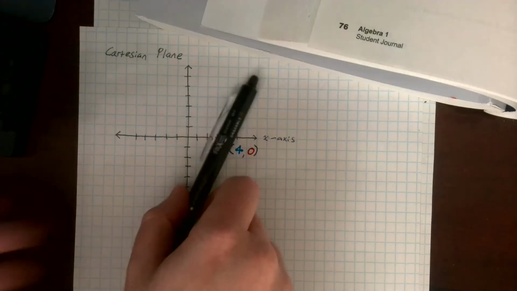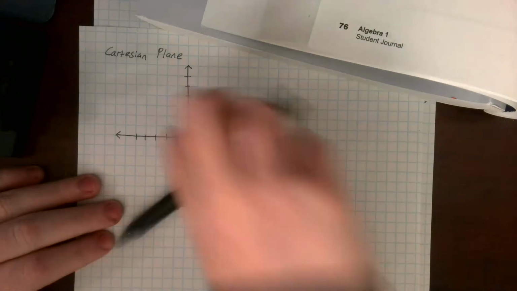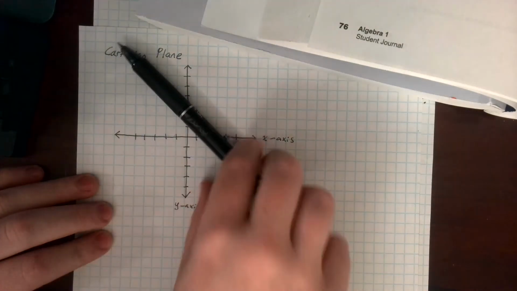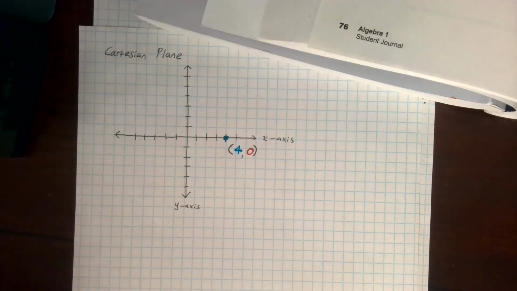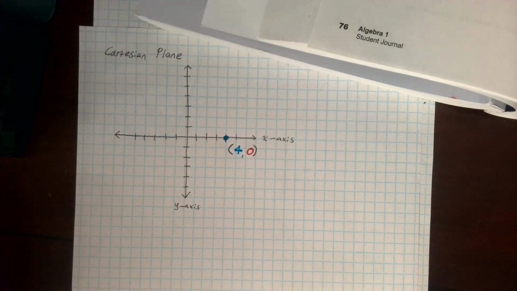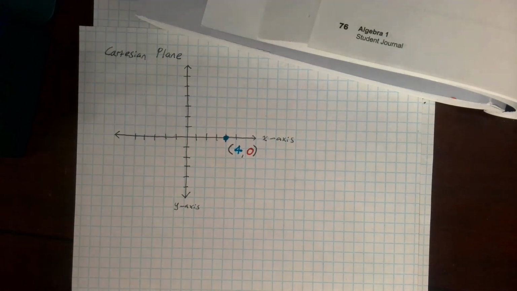My line could go through the point and look like this, or it could look like this, or it could look like this, but we're unsure about what exactly it'll look like. In order to make a straight line, you always need at least 2 points. Once you know 2 points, you have enough to make a line through it.